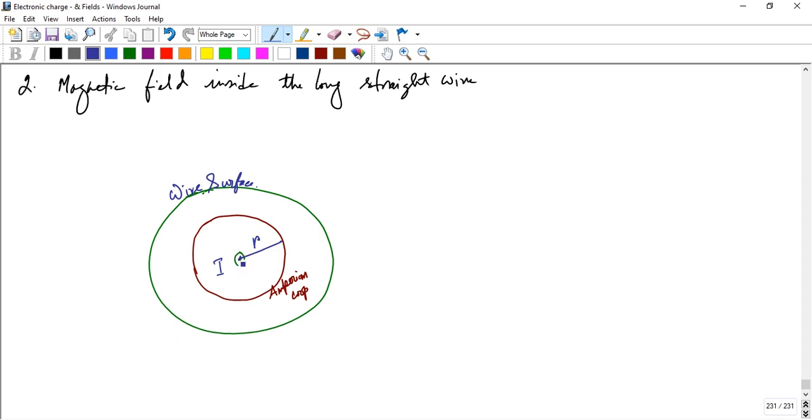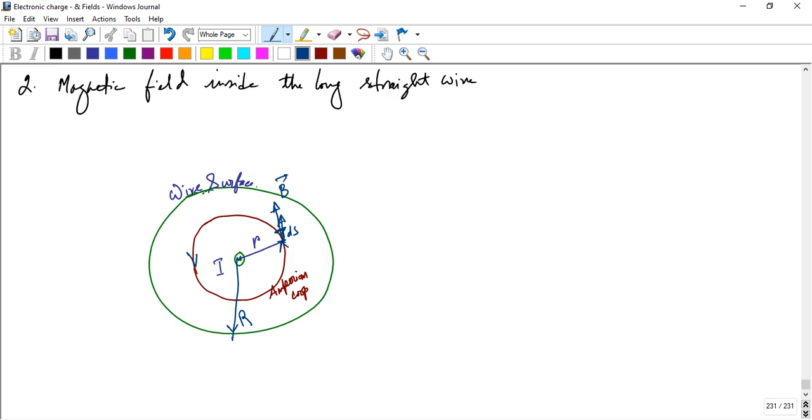Okay, if I is towards me, similar condition here. So the magnetic field B is in the anticlockwise direction. Suppose I choose a small differential length ds in the same direction. And capital R is the radius of the cross section view of the conducting wire.